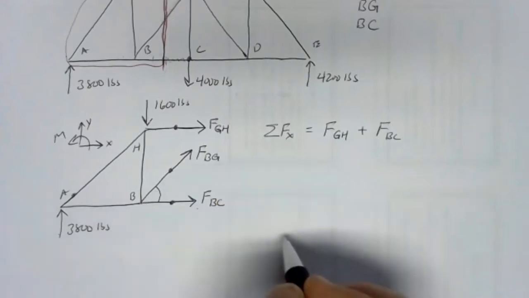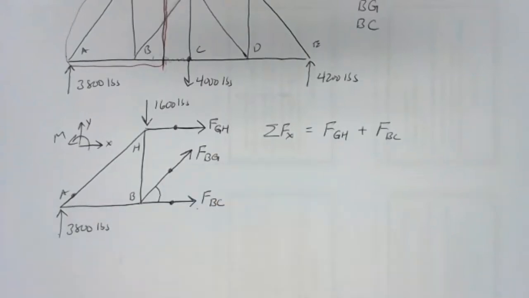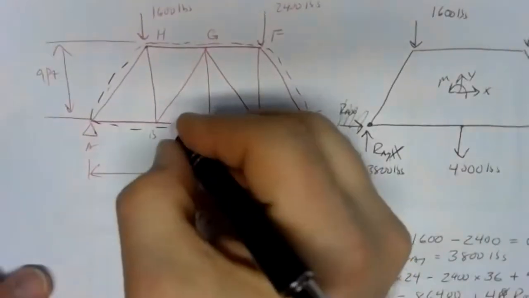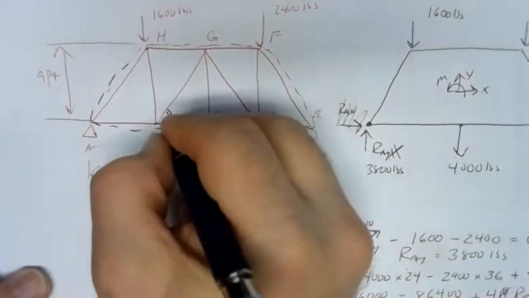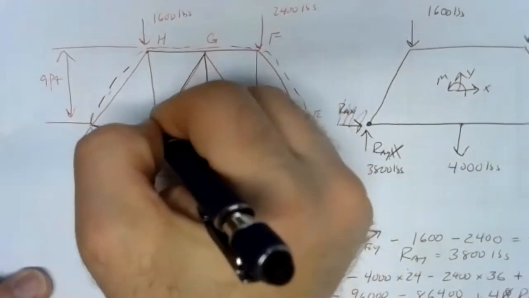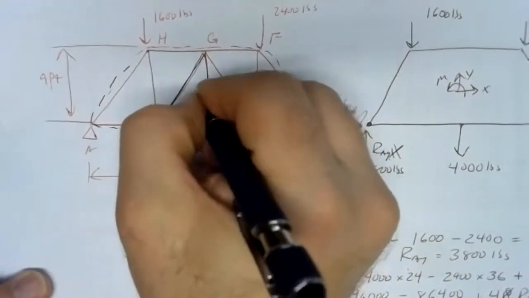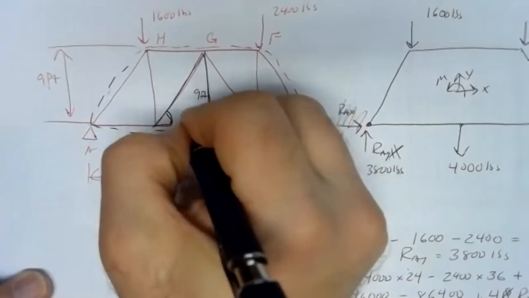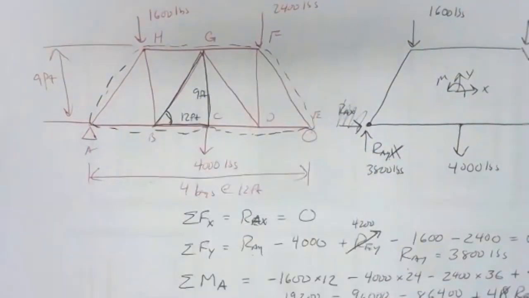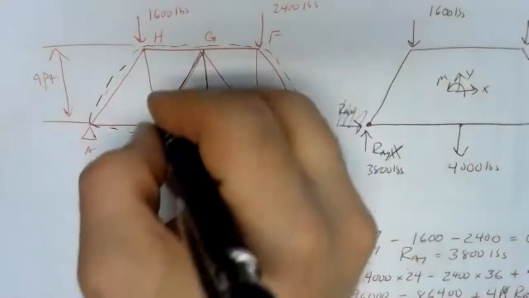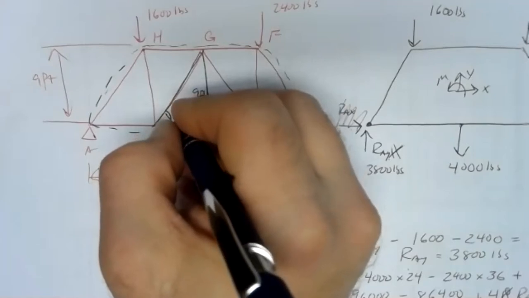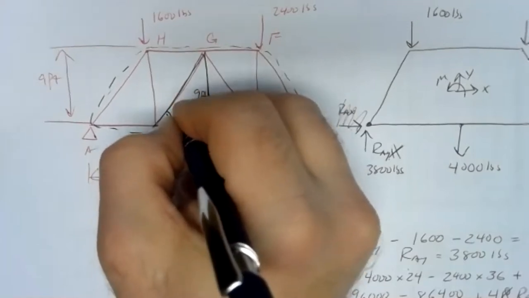Fortunately, from our original drawing with our geometry, we can figure out that angle pretty easily because we have a right triangle that's 9 feet tall and 12 feet wide. By using inverse tangent of 9 over 12, we have an angle of 36.870 degrees.